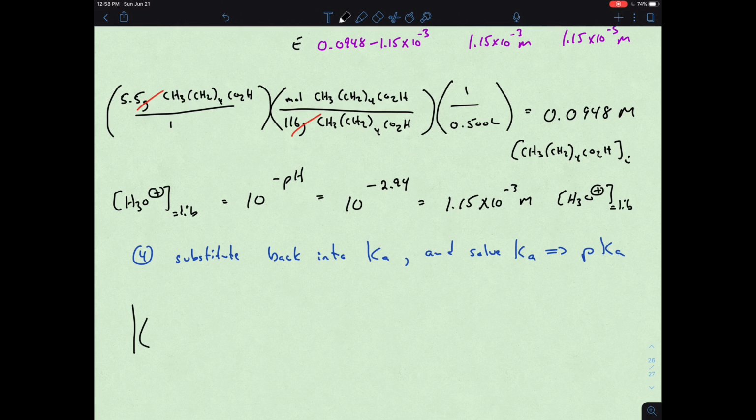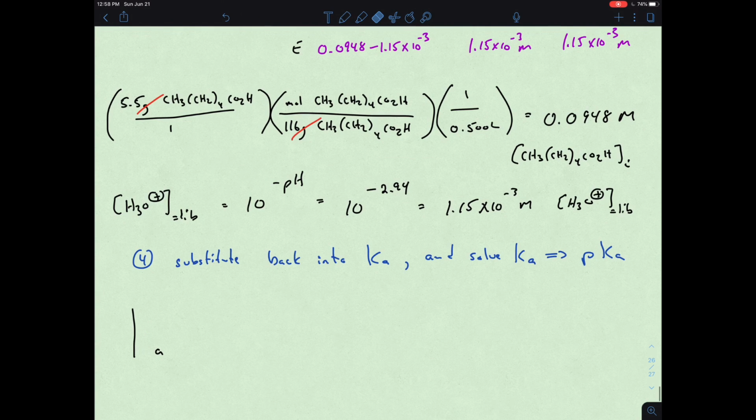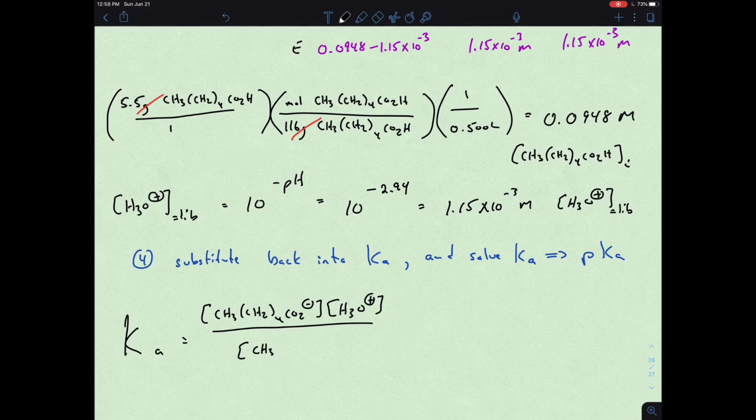So our Ka was equal to those products over those starting materials. Just to remind us, we would have the caproate times our hydronium ion all over the caproic acid.